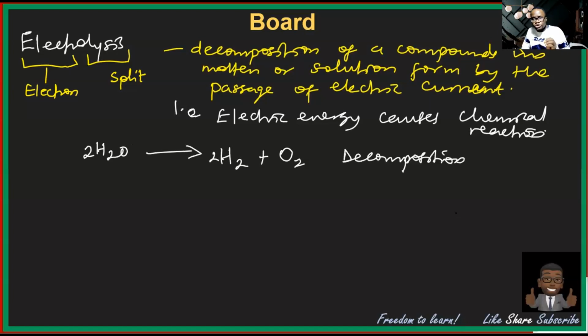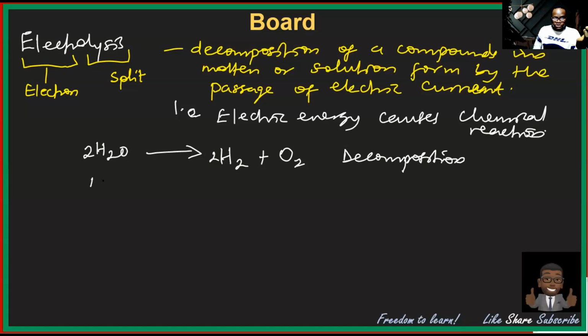That means water was broken into its elemental form, into its constituents. That is decomposition. So electrolysis happens when the passage of electric current, the flow of electrons, causes a chemical reaction to take place, and the chemical reaction is a decomposition reaction.